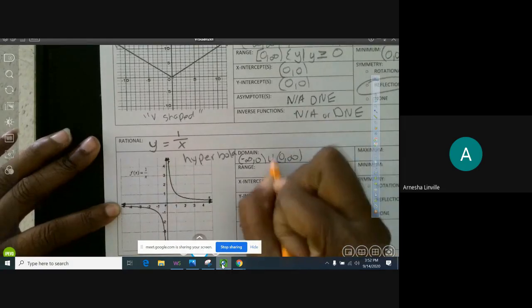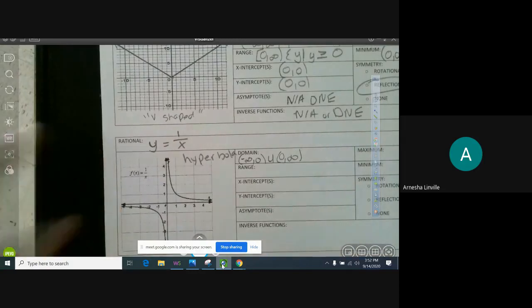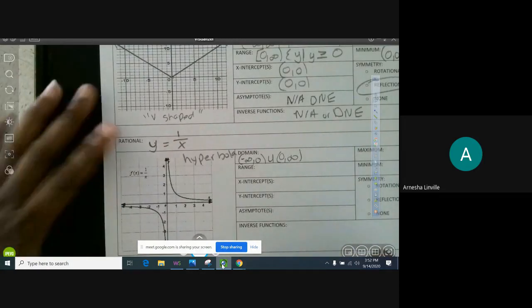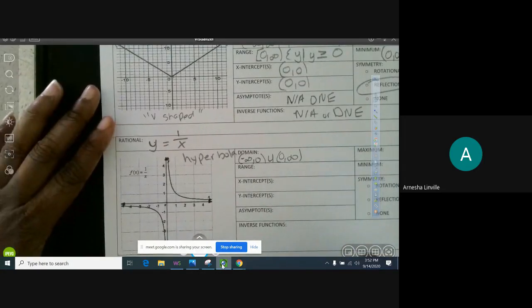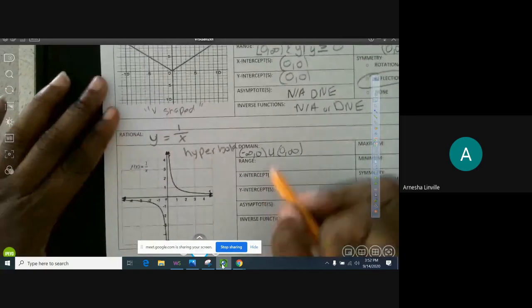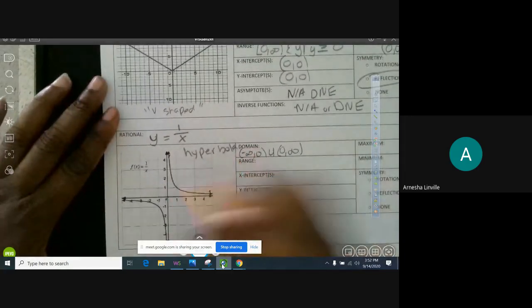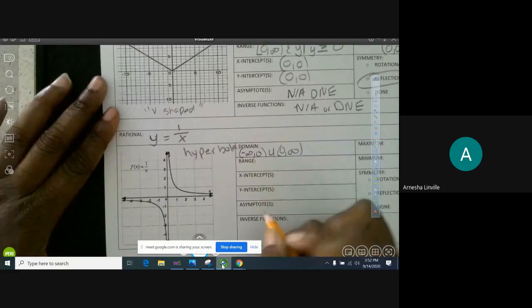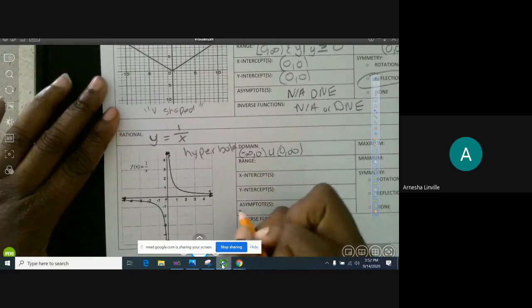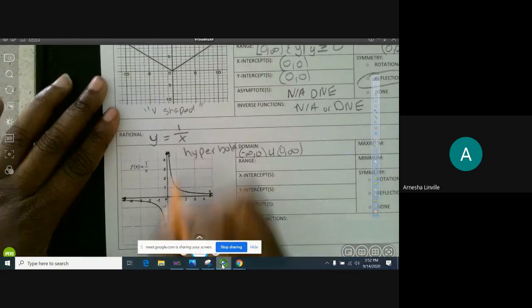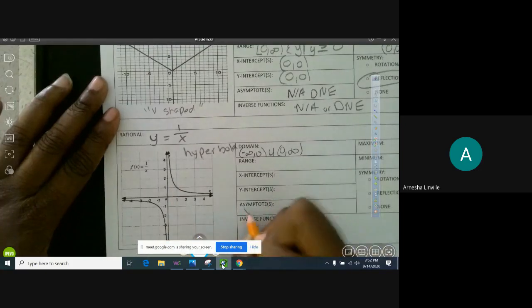So we're going to union that. Since we were on asymptotes because of the jump, we're going to go ahead and write that. It has a vertical asymptote at x is equal to 0.